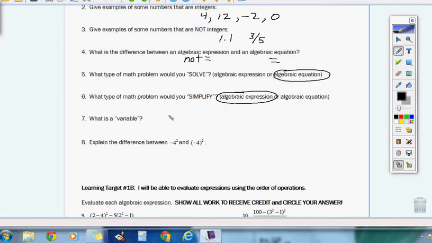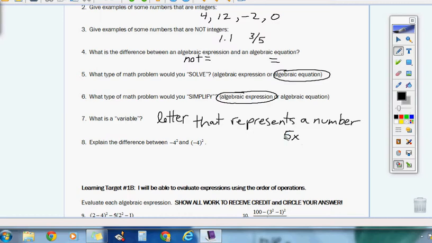What is a variable? That's basically just a letter. But it's not just a letter. It's a letter that represents a number. So the deal is, if you get $5 an hour, that could be expressed as 5x.